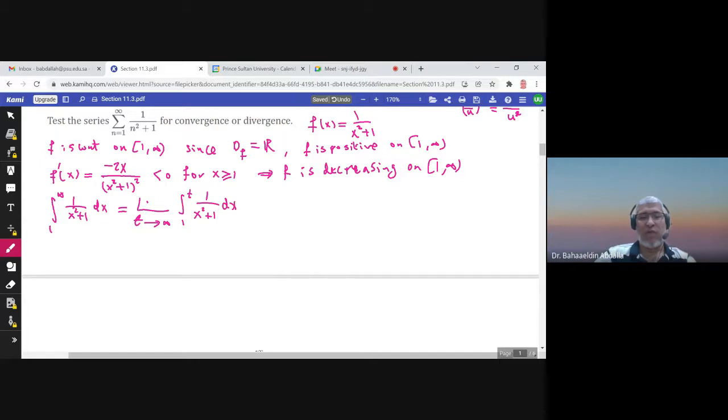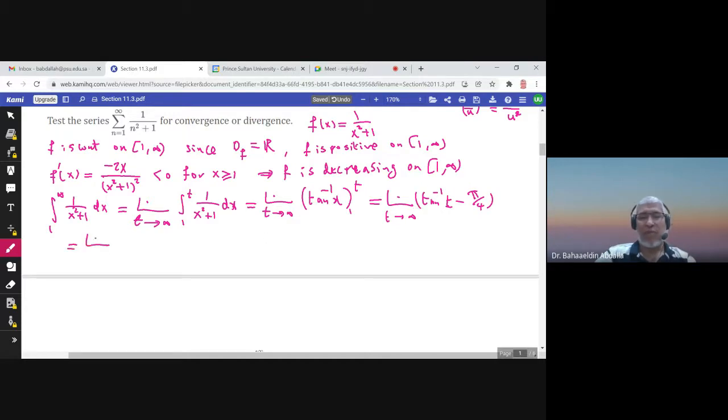This is how we define the improper integral. And the integral of 1 over x squared plus 1 is just tan inverse x, from 1 to t, a definite integral. So this is the limit of tan inverse t minus tan inverse 1. And tan inverse 1 is pi over 4.